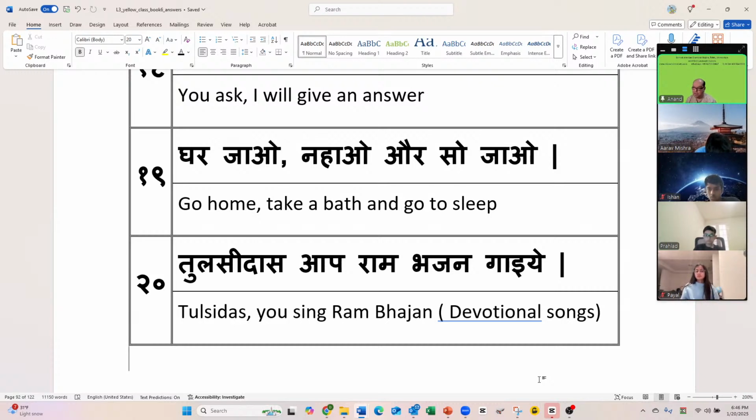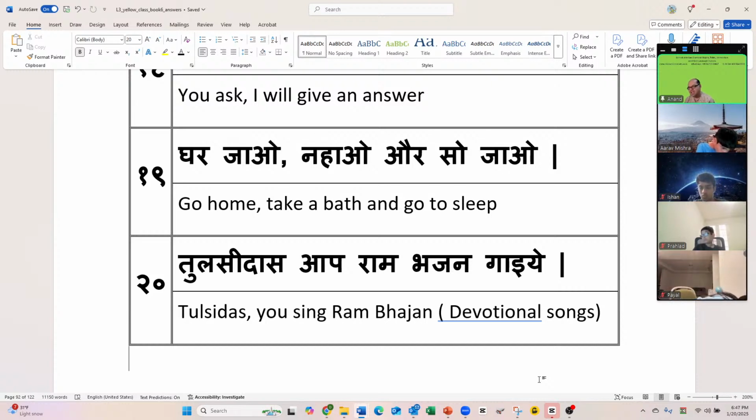It's pretty recent compared to the Valmiki Ramayana, which is very old, at least 5,000 years old. The Tulsidas Ramayana is called Ram Charit Manas, of which Hanuman Chalisa is a part.